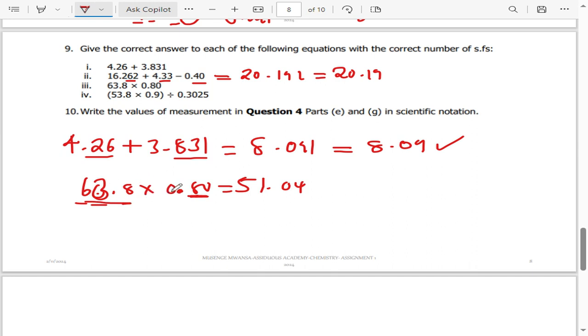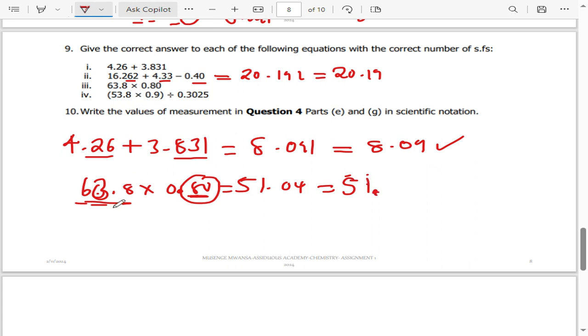So you follow significant figures, the one with the lowest. So the final answer should have only 2 significant figures. So therefore, 2 significant figures for this number is 51. If I just put a decimal point here and write anything this side, I've changed things. So it's just a 51 without any decimal.